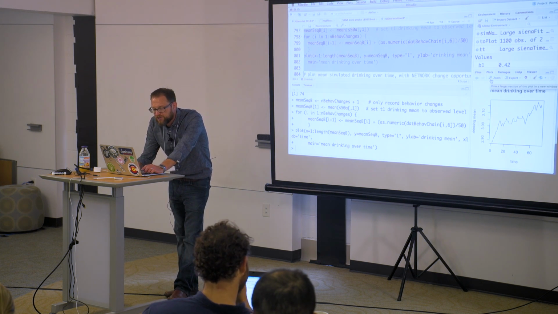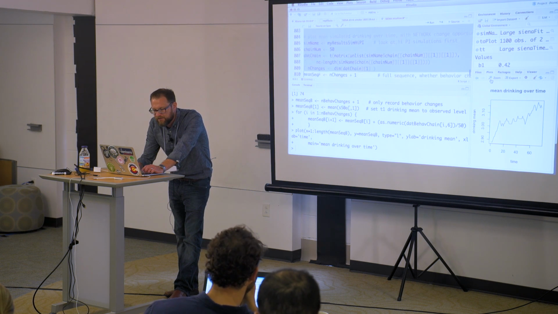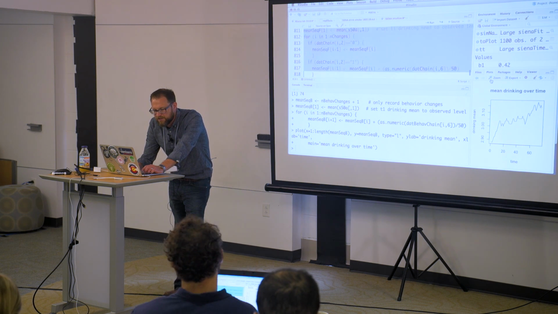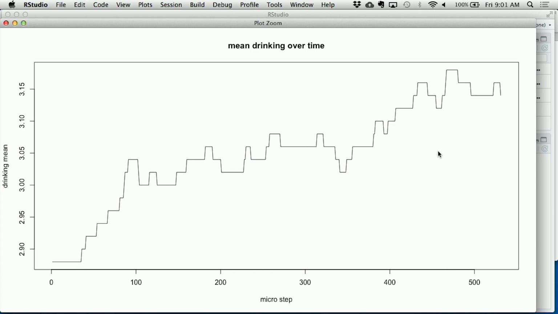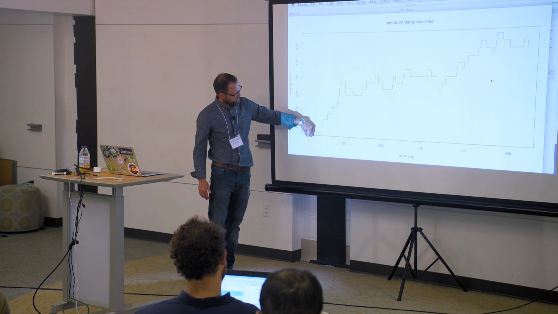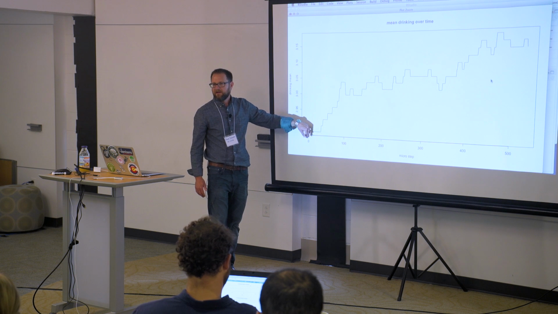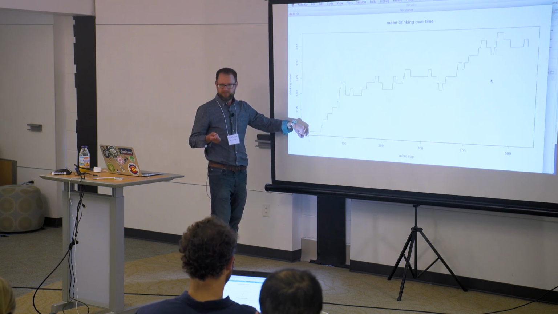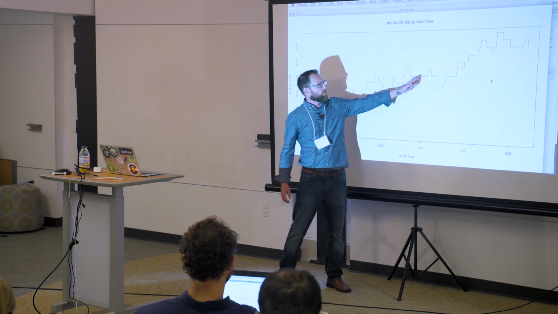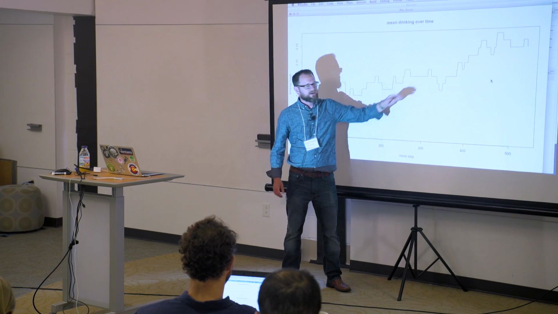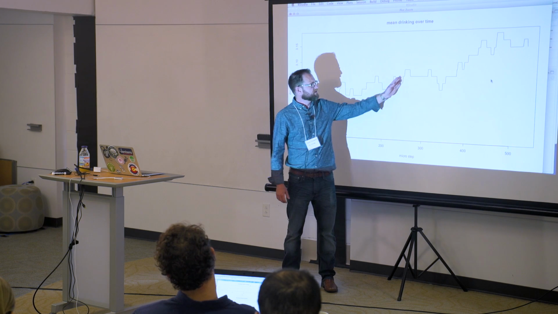Okay, actually, no, this is just changes in behavior, ignoring network changes. If we also bring in some network changes, we get a lot more plateaus here. Many of these flat areas are micro steps where nothing is happening with drinking, either because the person who got the opportunity to change their drinking doesn't change, or because these are periods where it's the network that's changing and no one's gotten the opportunity to change their behavior.